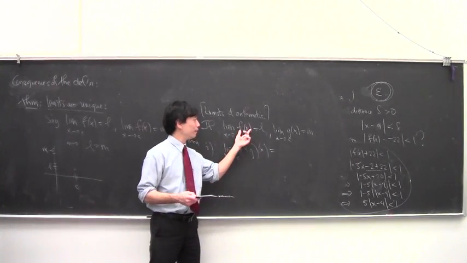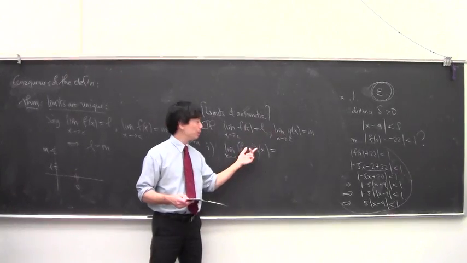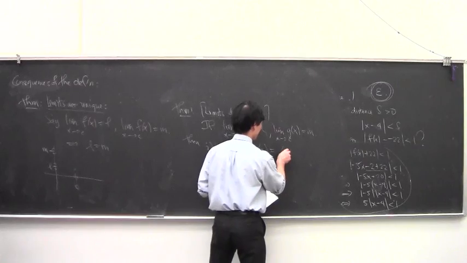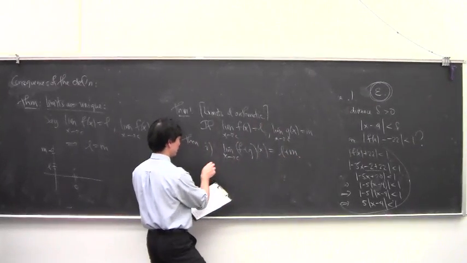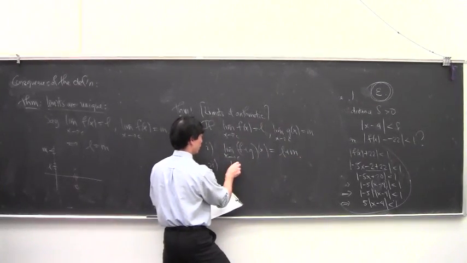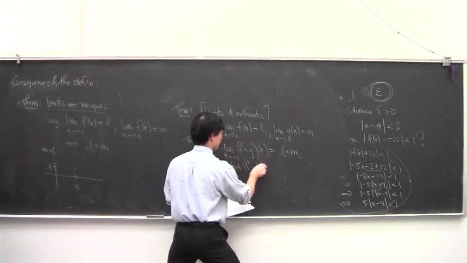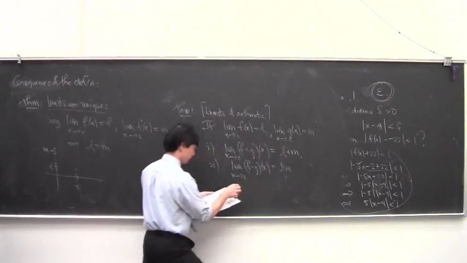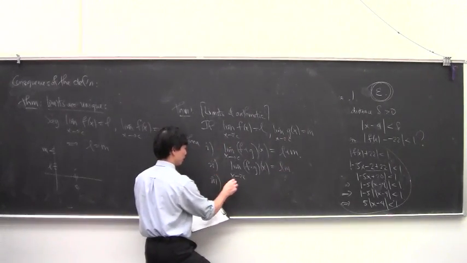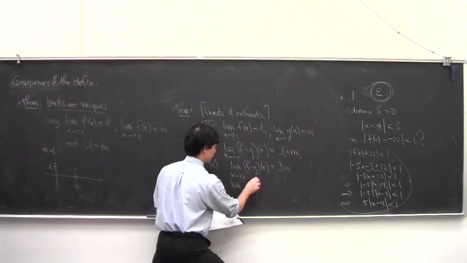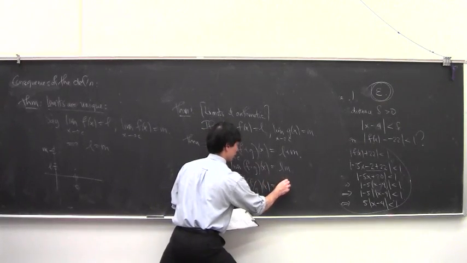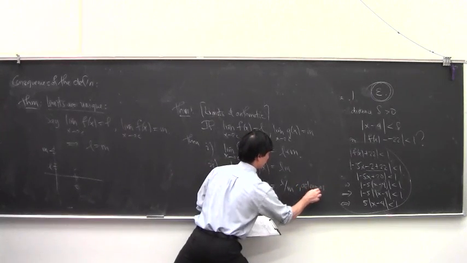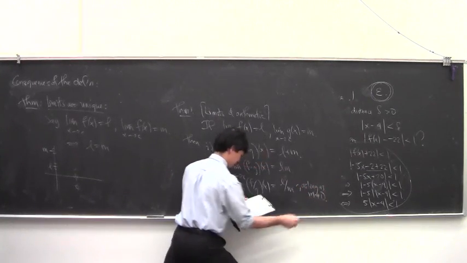If the limit of f is L and the limit of g is M, what's the limit of the sum going to be? L plus M, as you expect. Similarly, the limit of the product function f times g is going to be L times M. The limit of the quotient f over g is going to be L over M, as long as M is non-zero.